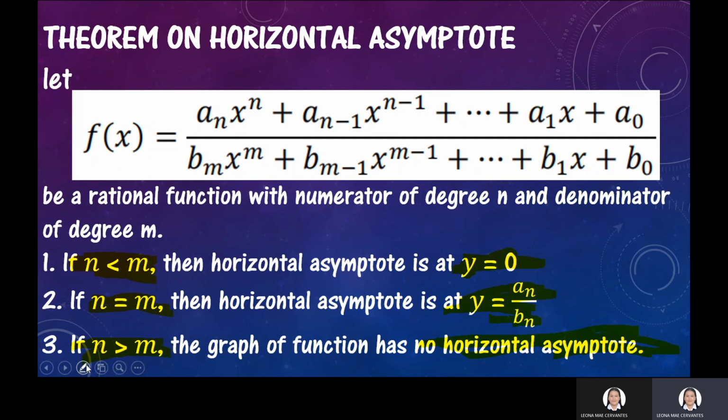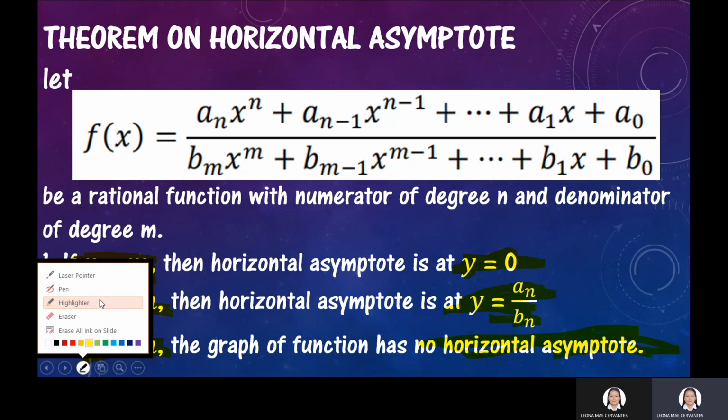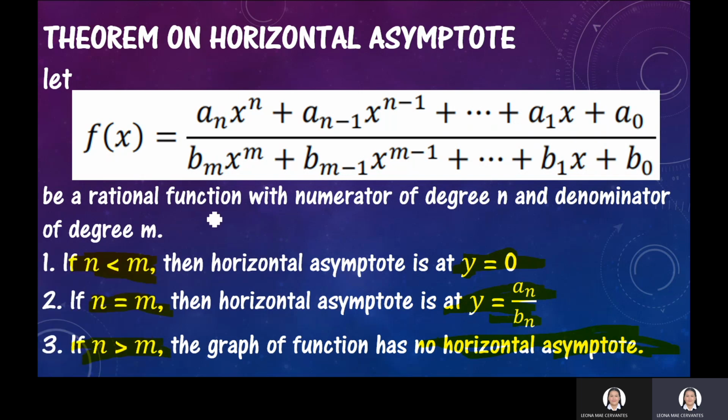So, ano nga ulit yung n and m? N, highest degree or highest exponent ng numerator.